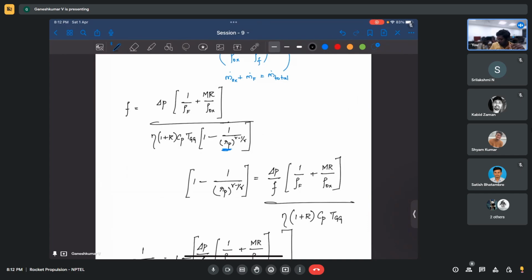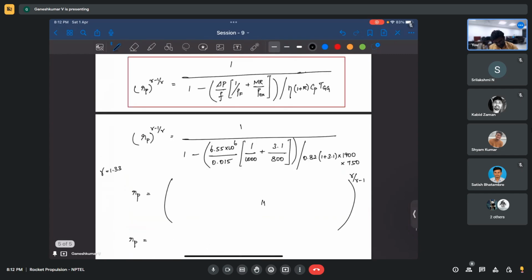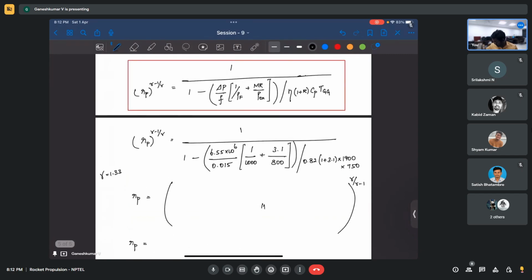So basically, everything comes from conservation principles. That is what I need to tell here. All right. Did anyone get any answer? How much is RP?